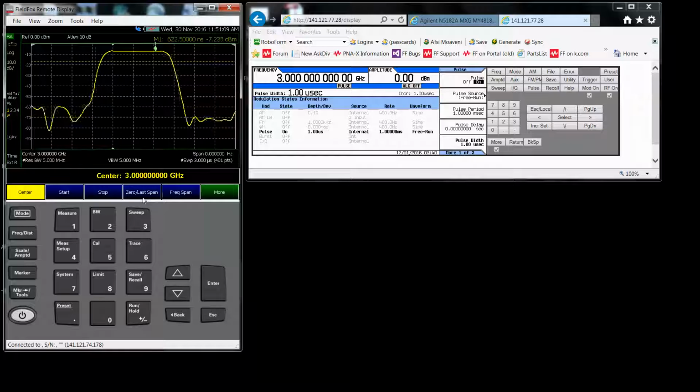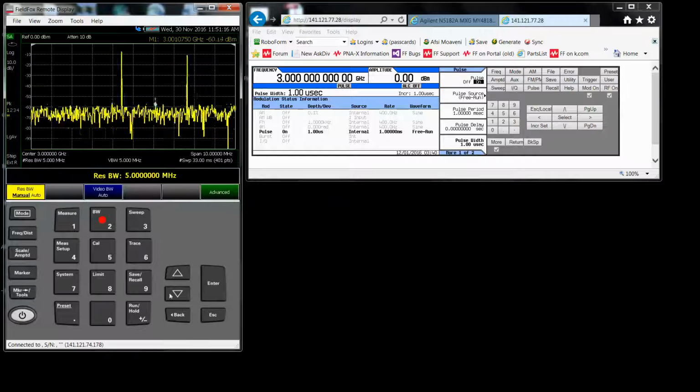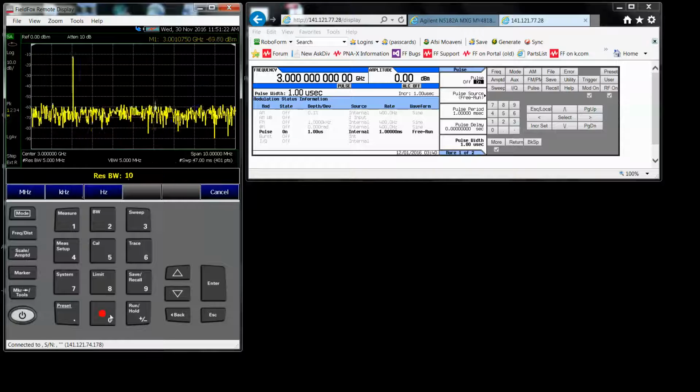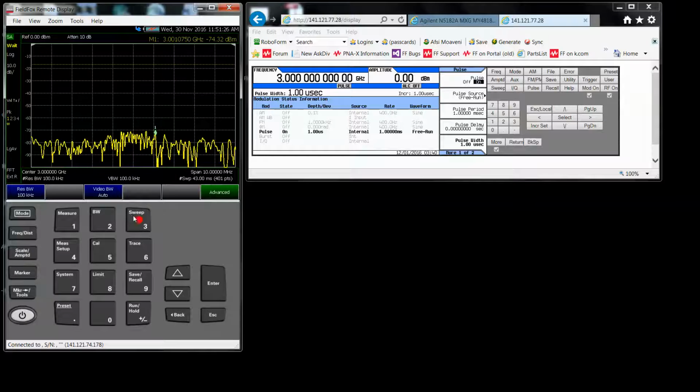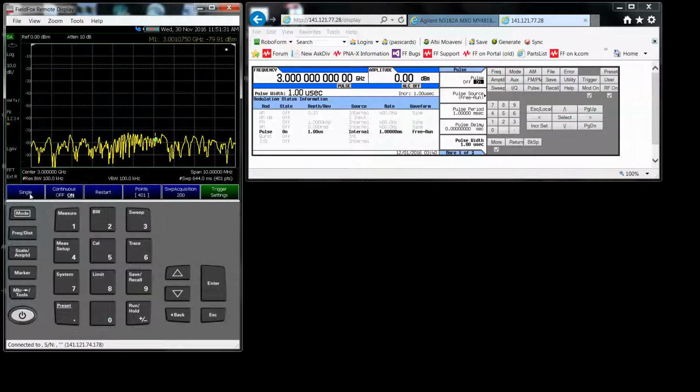So really, there are 3 ways to look at the pulse. In non-zero span mode, we may want to use the sweep acquisition functionality, as I demoed, which essentially slows the measurement down. Oh, and I need to get rid of the video trigger.